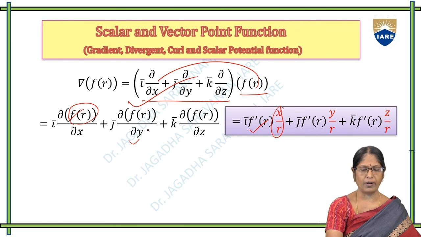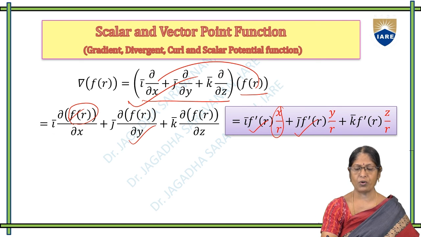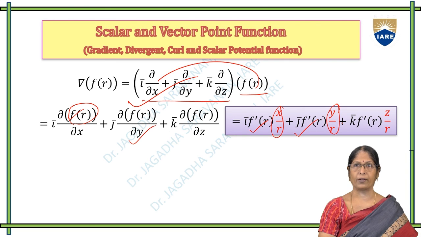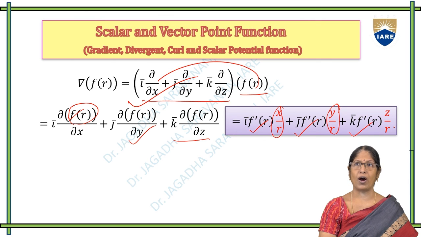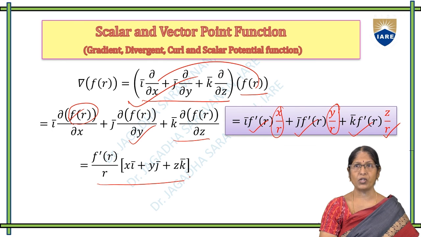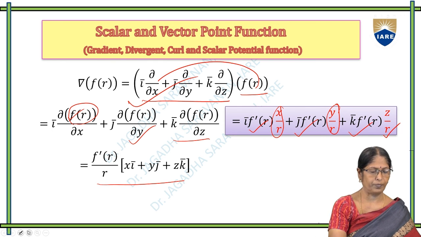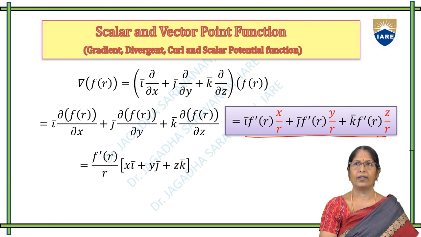The same manner, the next one is plus j f'(r) ∂r/∂y. It's nothing but y by r. The final one is k f'(r) into z by r. We can see here f'(r) is common.